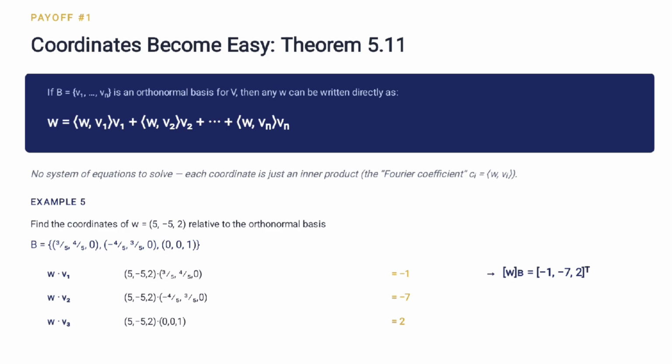In the example shown, we compute the dot product of the vector (5, -5, 2) with each basis vector. The answers are -1, -7, and 2. So therefore, the coordinate vector is simply (-1, -7, 2).